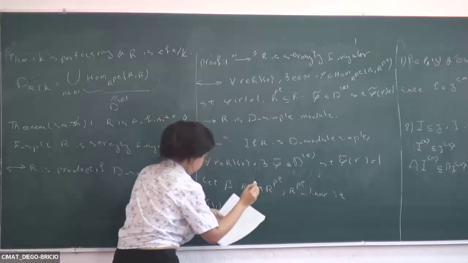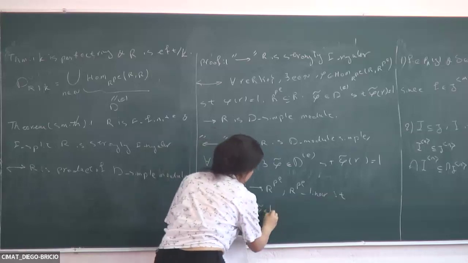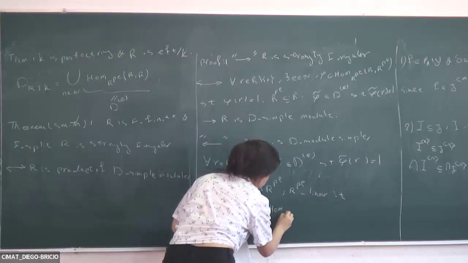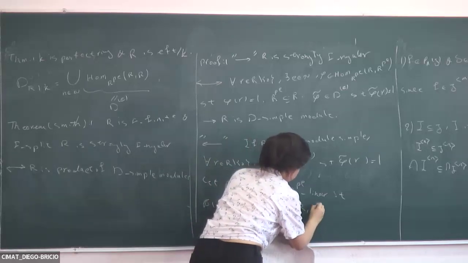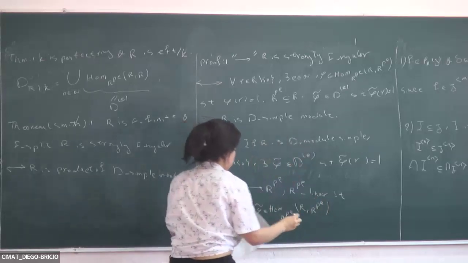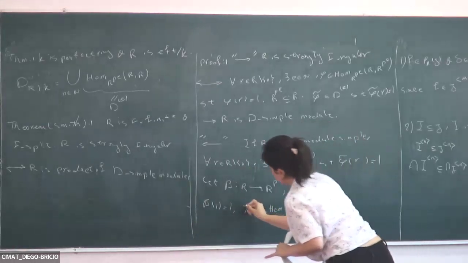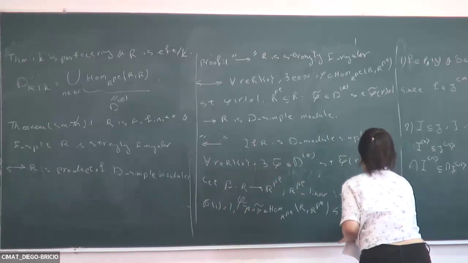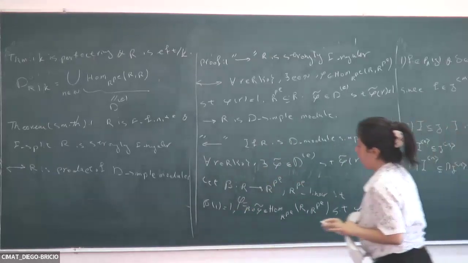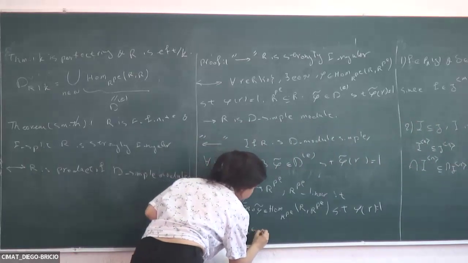Then theta of the Frobenius is in Hom of R^(1/p^e) to R^(1/p^e), such that the image of r is equal to 1. So R is strongly F-regular.